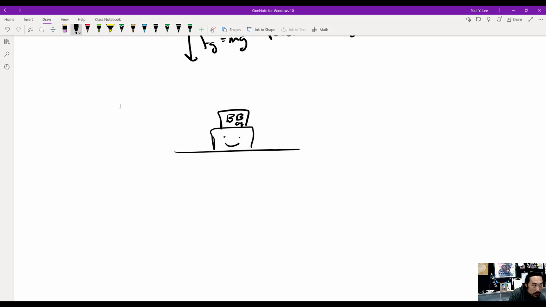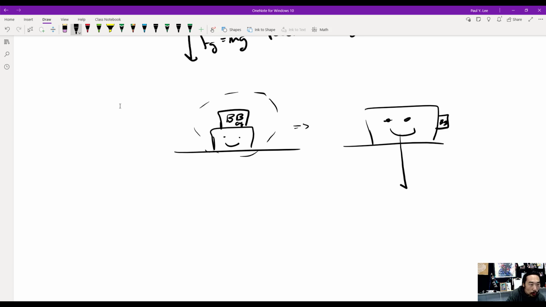If we were to look at this as a system, your mass overall, so this is you and the book bag, because you're wearing the book bag, has increased because we're looking at this system as a whole. So your Fg has gone up. Now, your real weight hasn't gone up. It's just that because you're wearing a book bag, the weight of the system goes up.